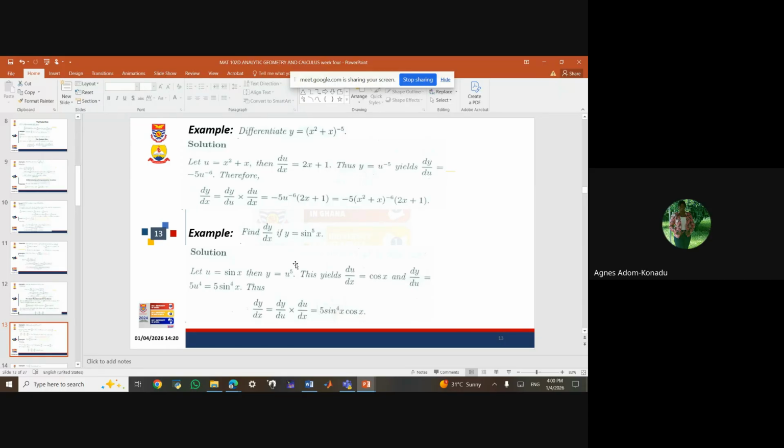When you differentiate x squared, you have 2x, and when you differentiate x, you have 1. Since the index is already down, you have -5 times 2x plus 1, times the function itself, x squared plus x, power -5. Then you subtract 1 from the exponent, and you get the answer.